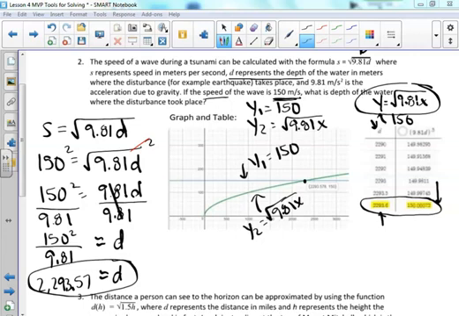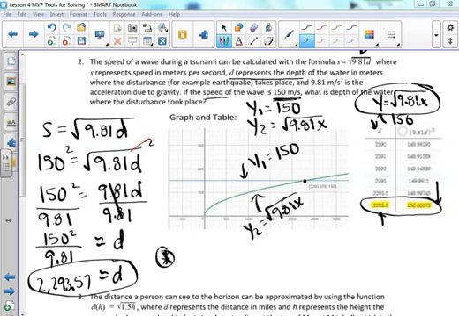Notice where they intersect is our solution. So the intersection point in our graphing calculator was 2,293.6, 150. That is how we can use our graph in order to also find the solution.